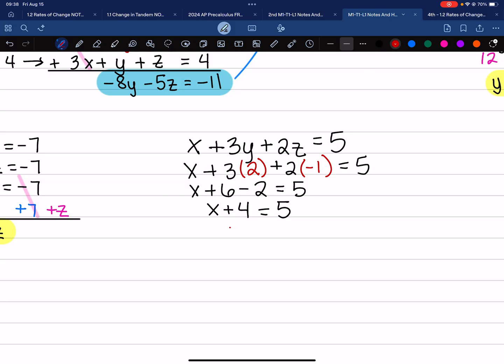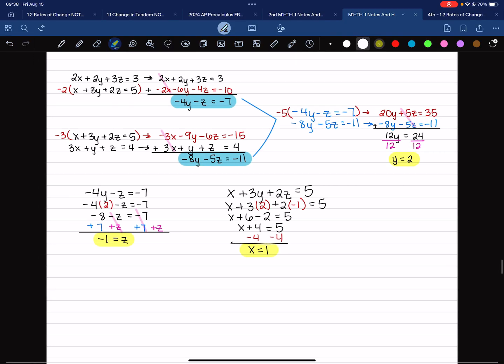Then we can subtract 4 from both sides, and that gives us x equals 1. And there's our third solution. The very last thing we need to remember to do is to write our solution as an ordered triple. That means that we have our x, our y, our z written like that.